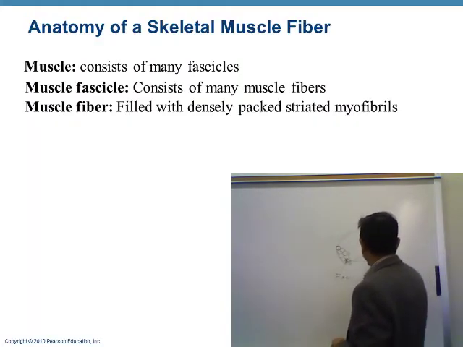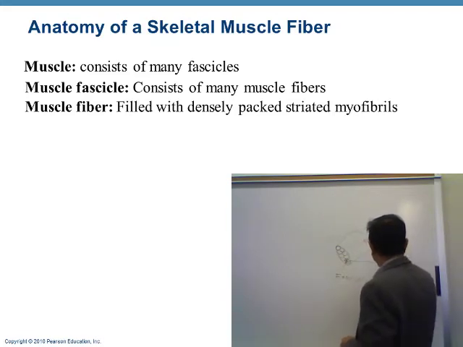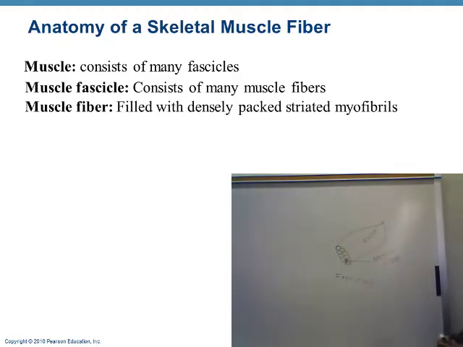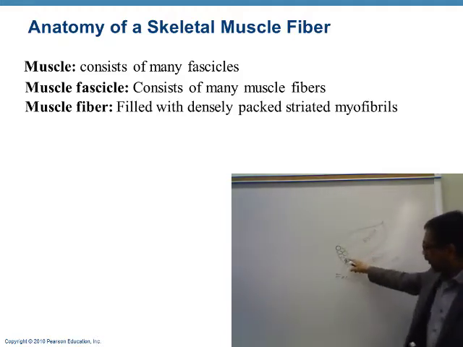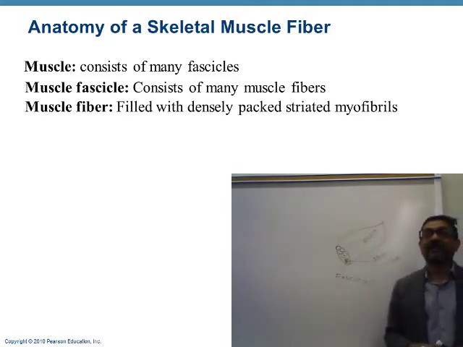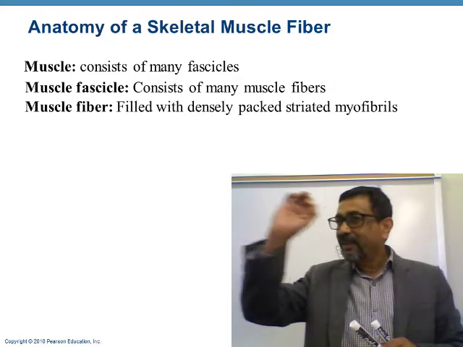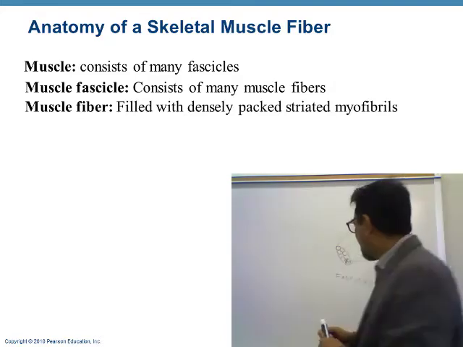And inside the fascicles, you have again columnar structures. These columnar structures are muscle fibers. Okay. So inside the muscle you have fascicles. Inside the fascicles you have muscle fibers. And inside the muscle fibers you have thin rod-like structures.